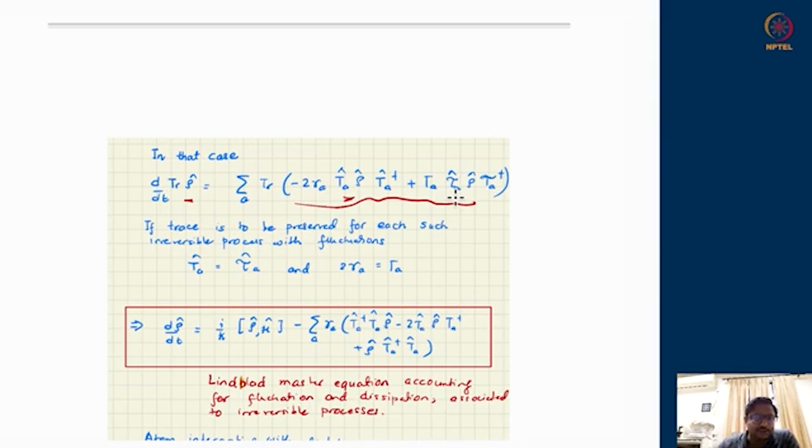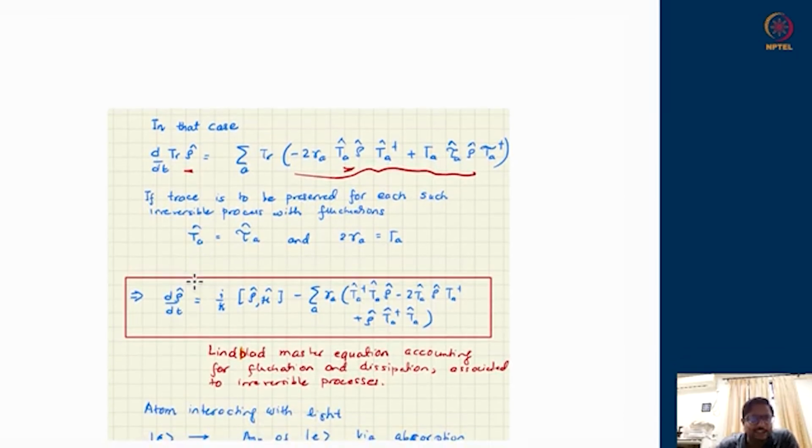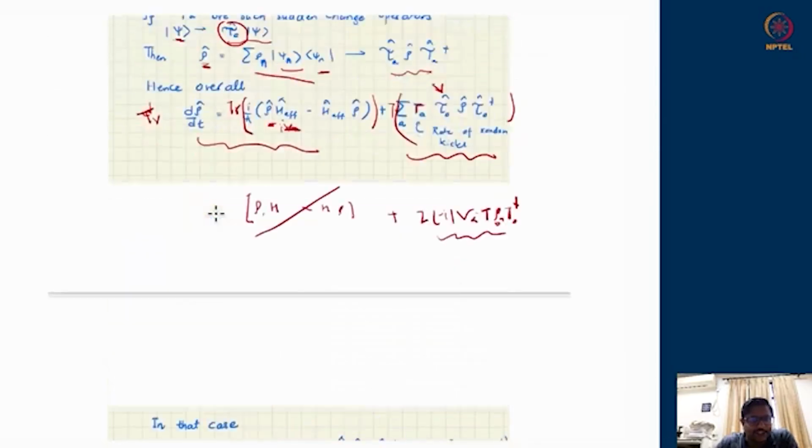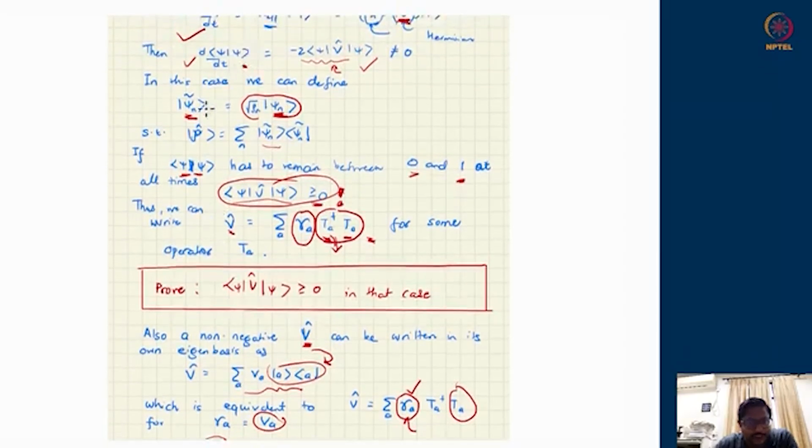However, if we want that, whatever the state gets changed to, the trace has to remain a protected quantity in terms of the probability of the whole thing, meaning the normalized state, after each dissipation fluctuation term, what we were doing was trying to normalize the state like this. We are changing the probability assertion into that.